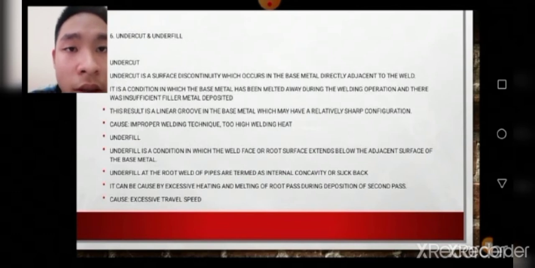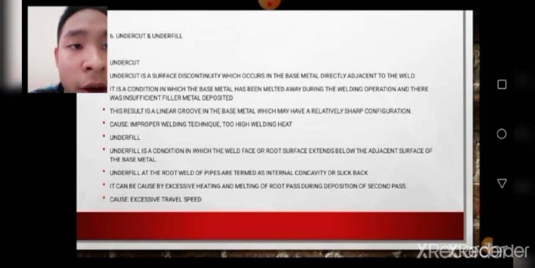It is a condition in which the base metal has been melted away during the welding operation and there was no filler metal deposited. This results in a linear groove in the base metal which may have a relatively sharp contour. Caused by improper welding technique.